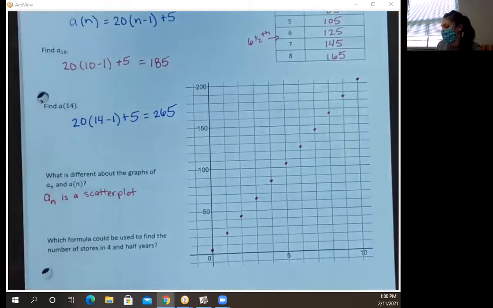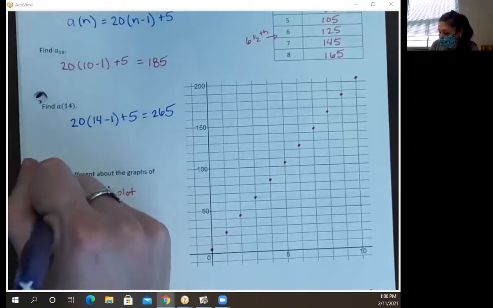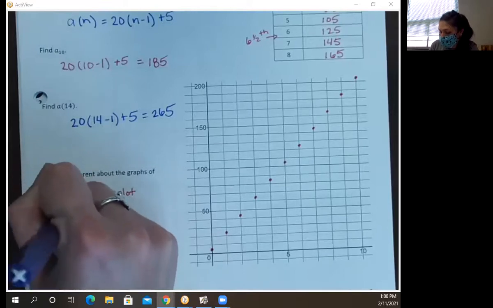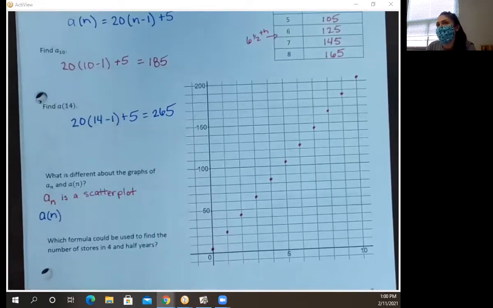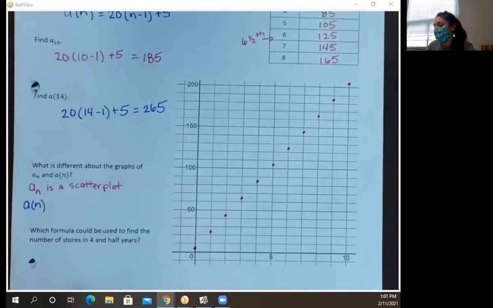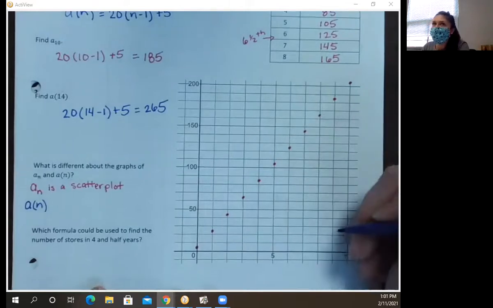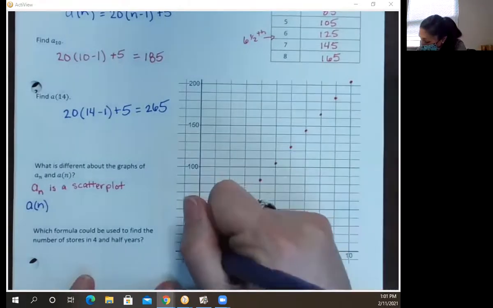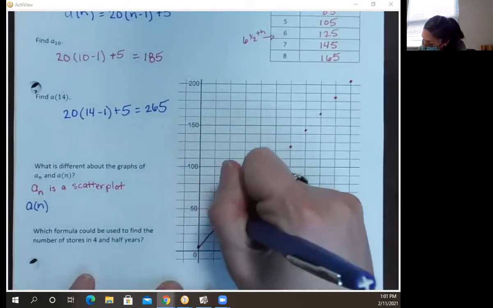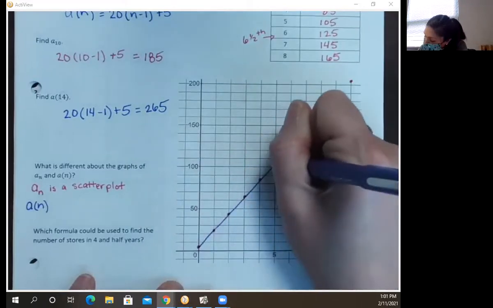Now, if I switch back to my function, functions are continuous. So if I'm going to graph my function, I would get all these points that were listed in the table, but I would also get the points in between them.